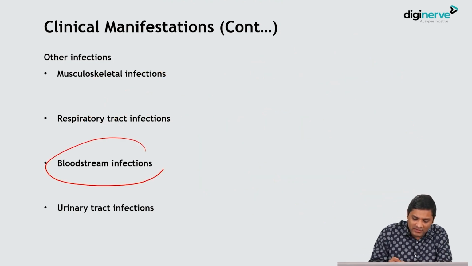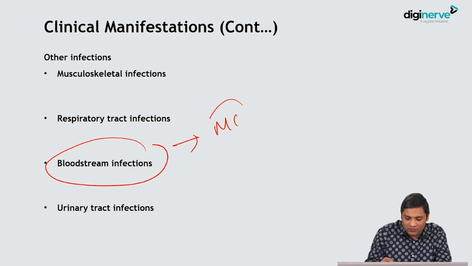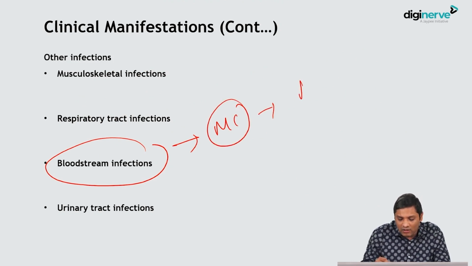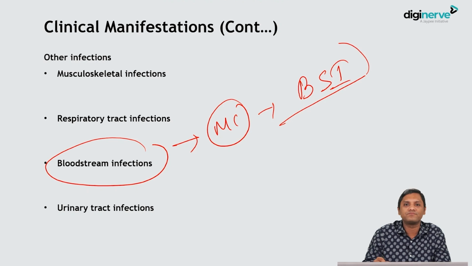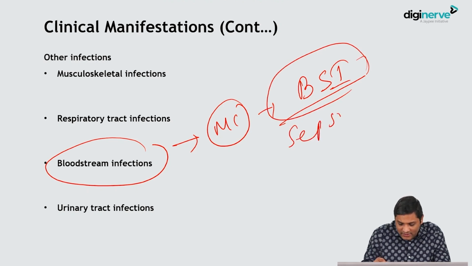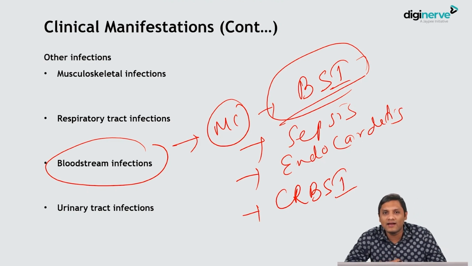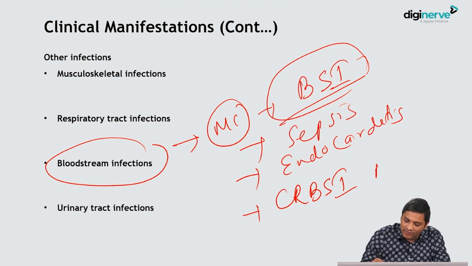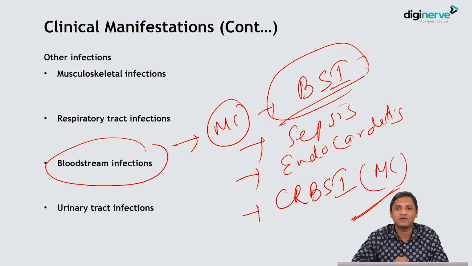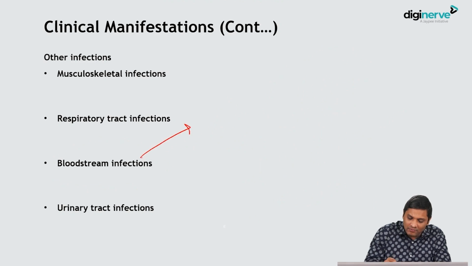Next is bloodstream infection. Staphylococcus aureus is one of the most common organisms to cause bloodstream infection. It can cause sepsis, endocarditis, and catheter related bloodstream infection. For central line related bloodstream infection, Staph aureus is the most common agent. Endocarditis, remember Staphylococcus aureus is the commonest agent.